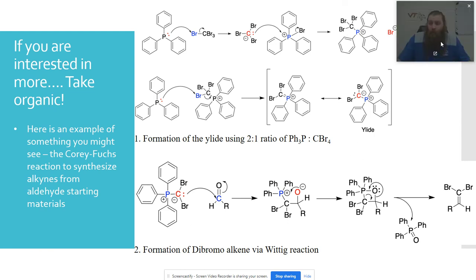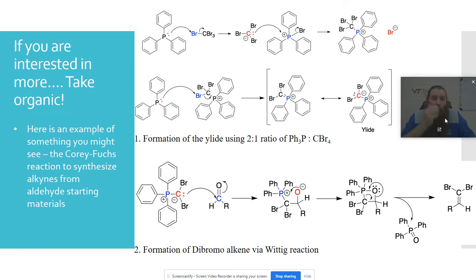Now, that's going to pretty much wrap up our description of organic. Organic can get very complicated. I mean, you can go on and have a career in organic chemistry. These are some things you might see. So this is called the Corey-Fuchs reaction. It's something that I learned about in college. It's just an organic reaction. It involves a halide, which is a special kind of molecule, and you form a dibromoalkene with the Wittig reaction.